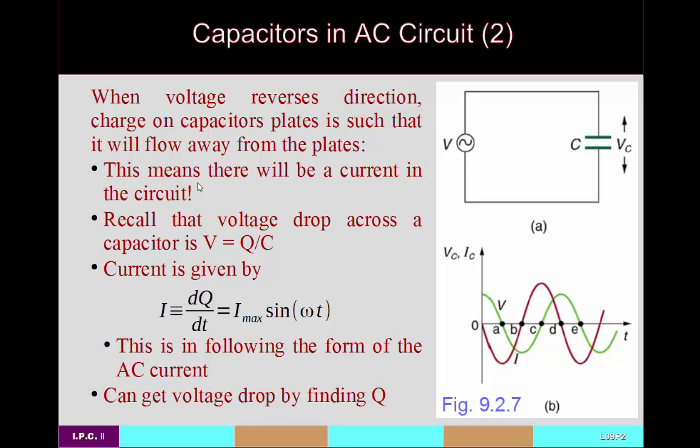And we can figure out basically how much current there is and how much charge there is on the plate and so on by going back to our analysis for a capacitor. Recall that the voltage drop across a capacitor is given by the charge stored on each plate of the capacitor divided by the capacitance.